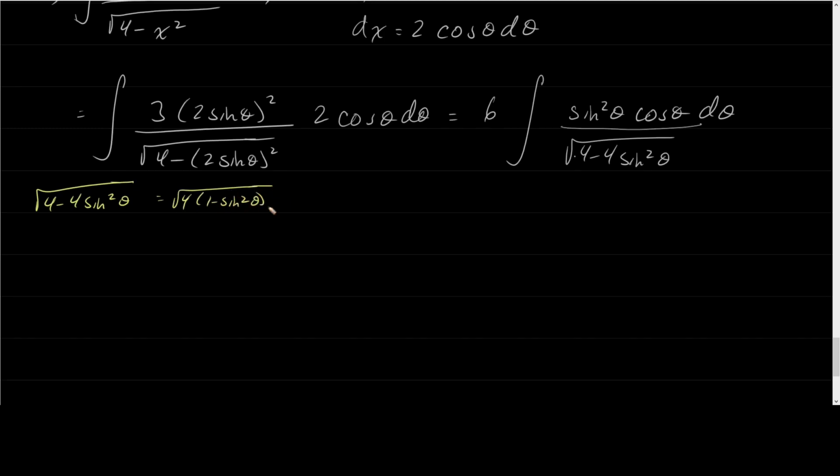Now 1 minus sine squared is cosine squared, so I have the square root of 4 times cosine squared theta, which gives us 2 cosine theta.